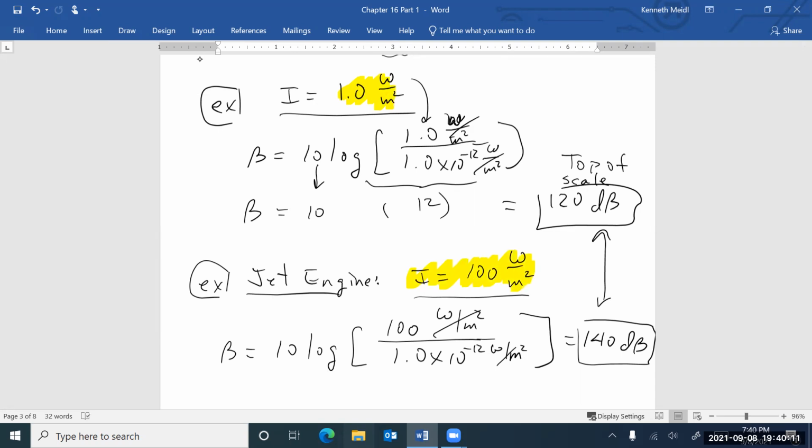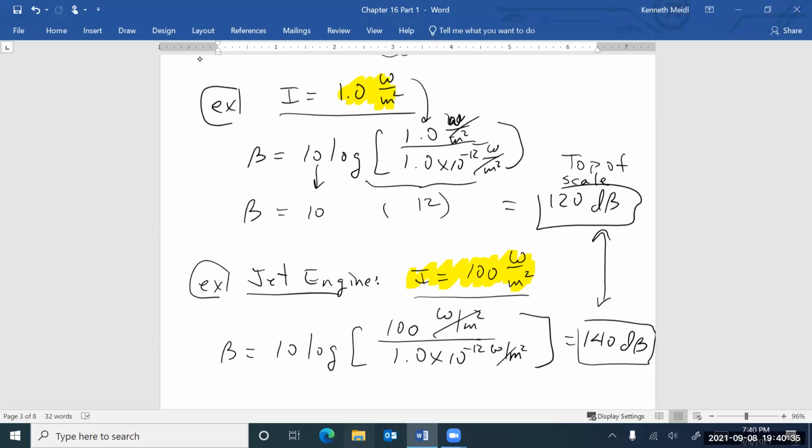What I did here is I increased the intensity of the measured or the perceived sound by 100 times, right? From 1 watt per square meter up to something like 100 watts per square meter. So something got bigger by 100 times, but it's crammed down essentially into this log function.